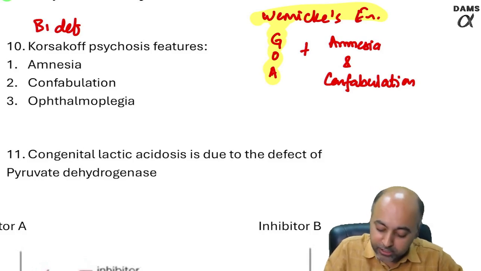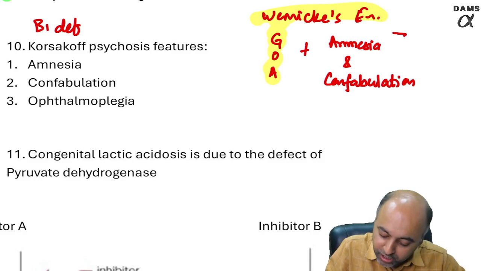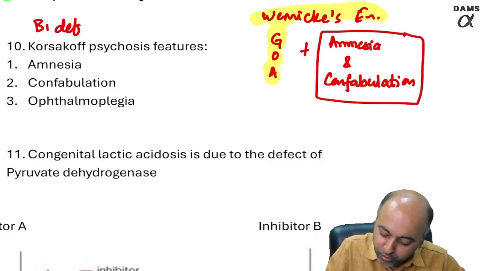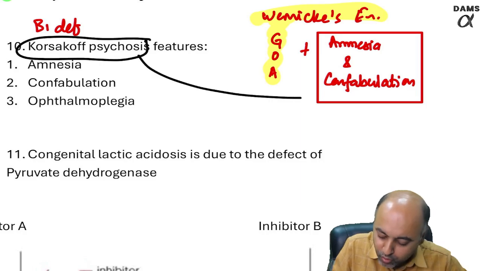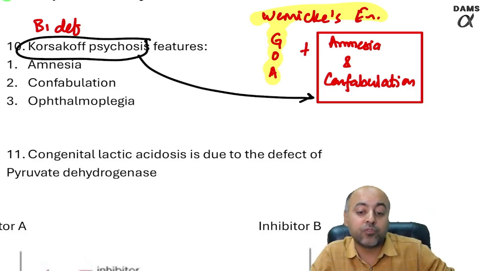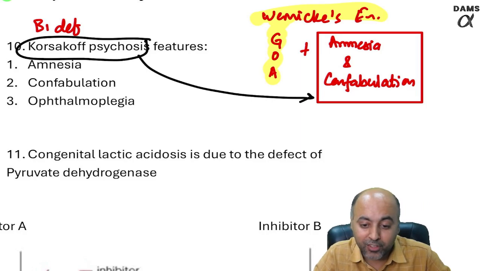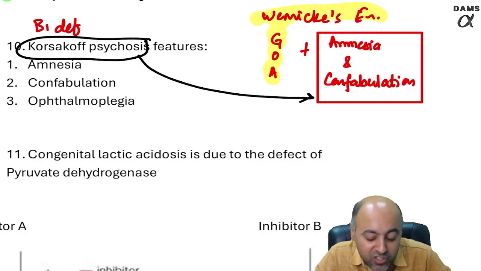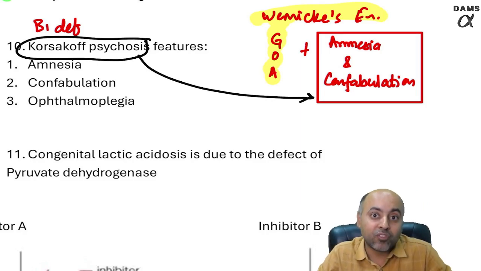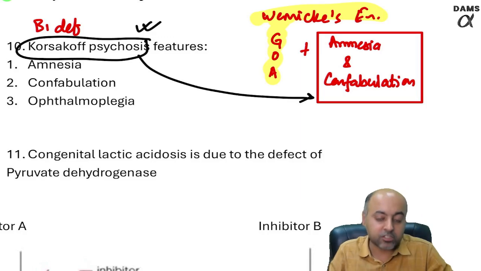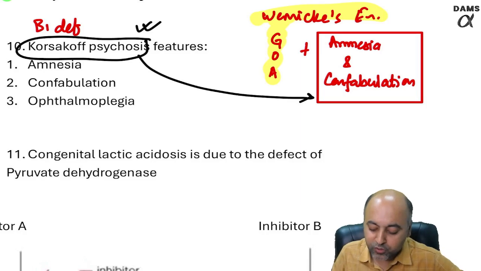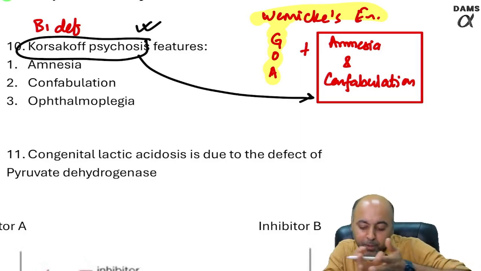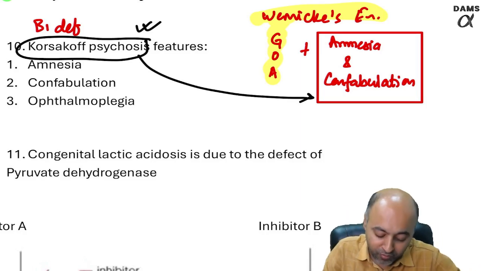Now, when there is Korsakoff psychosis, these two, amnesia and confabulation, will be a feature of Korsakoff psychosis in addition to the features of Wernicke's encephalopathy. So please remember that point. Korsakoff psychosis will have features of Wernicke's plus amnesia and confabulation.